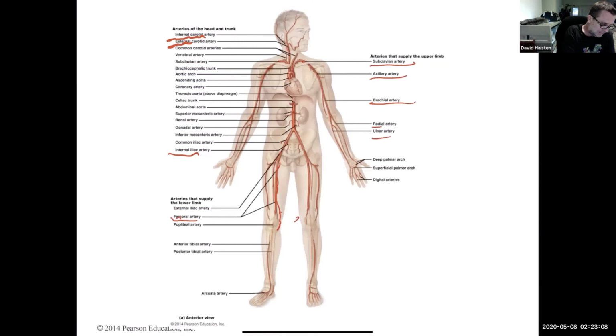And then that popliteal artery is going to split. We're going to have an anterior and posterior tibial artery. The anterior tibial artery is going to move through the interosseous membrane between the tibia and the fibula. There it is. So that's the whole thing.